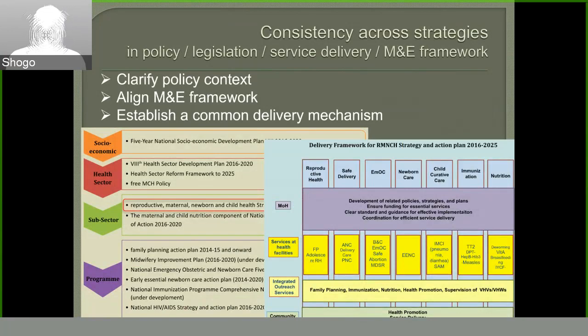For example, on the bottom you can see community based interventions, how these different areas can be integrated into one delivery platform. And not only the policy context, but also the M&E framework and the indicators were aligned along the way of developing these strategies. And next, please.